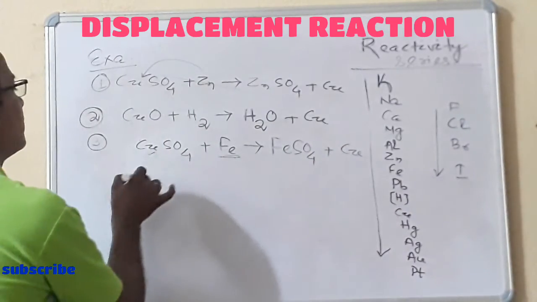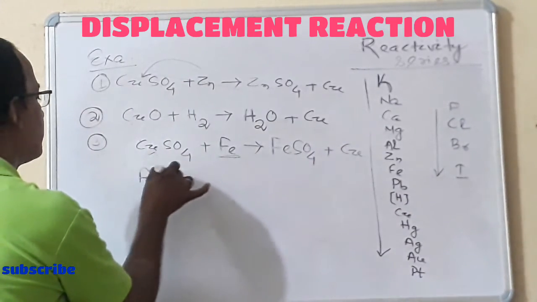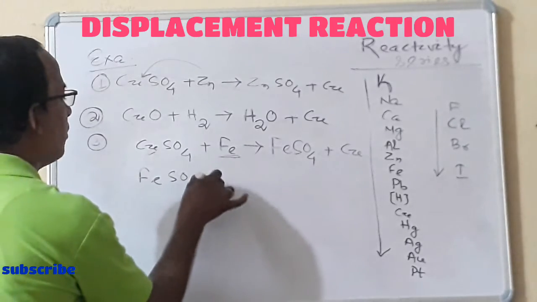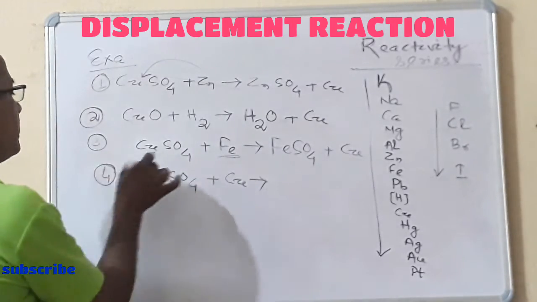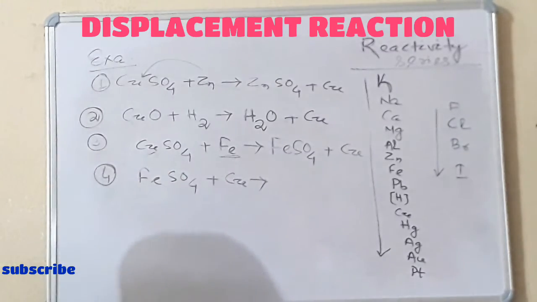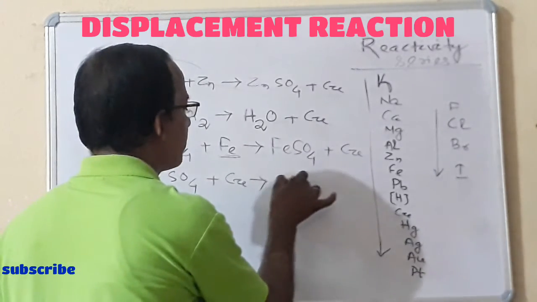But if we take ferrous sulfate plus copper, that means if copper is added to ferrous sulfate solution, no reaction takes place.